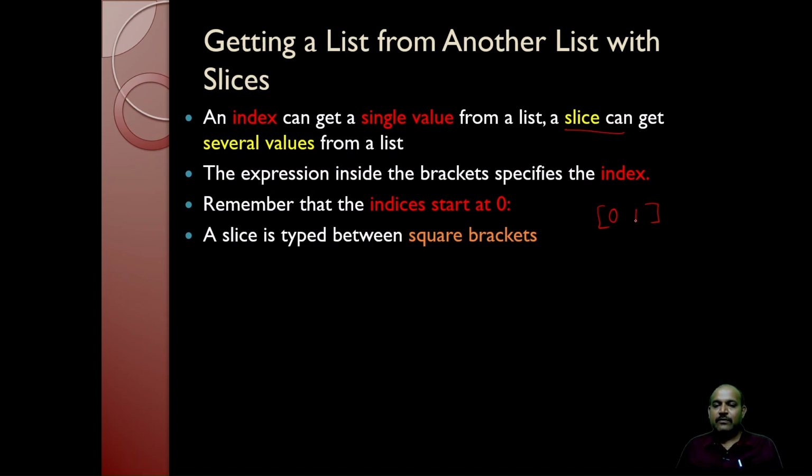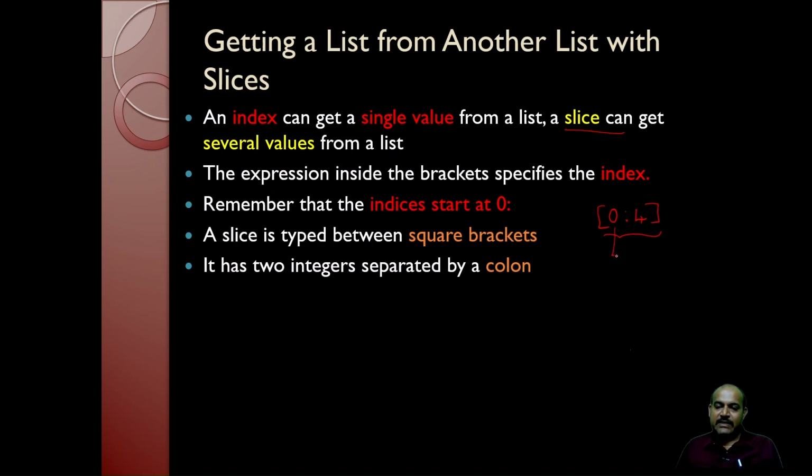Suppose I want to access till index value 4, then I can specify 4 here, and in between you should have a colon. So this is the simple format of how you can take a slice.